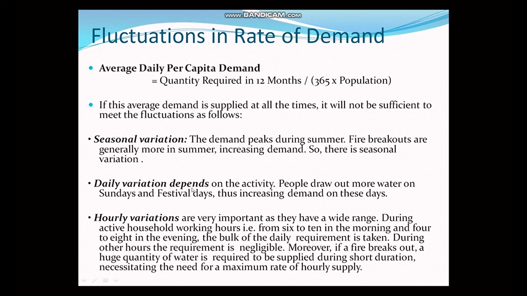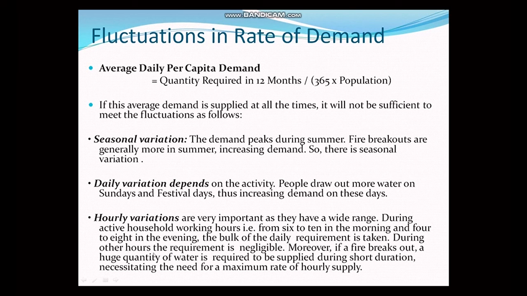Daily variation. It depends on the activity. People draw out more water on Sundays and festival days, thus increasing demand on these days. Hourly variations. These are very important as they have a wide range. During active household working hours, that is from 6 to 10 am in the morning and 4 to 8 pm in the evening, the bulk of the daily requirement is taken.